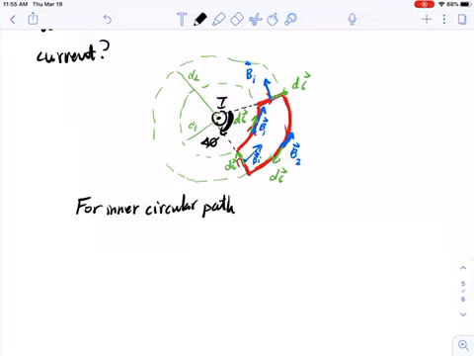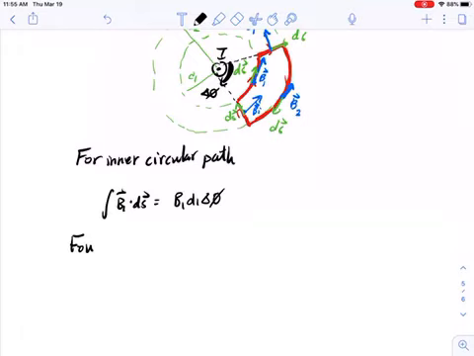We did them already in the case above. So the B1.ds is going to end up being B1 d1 delta phi, exactly like we did above.